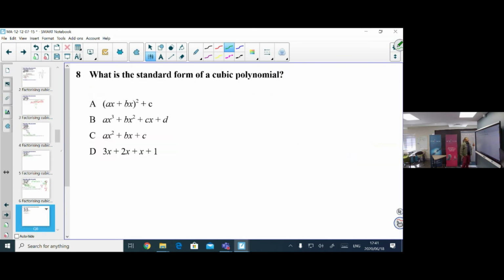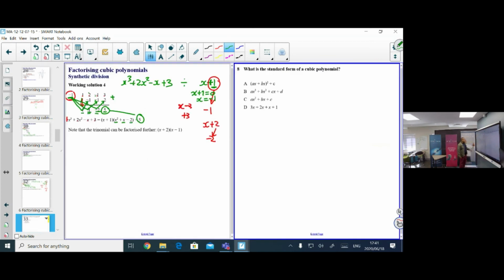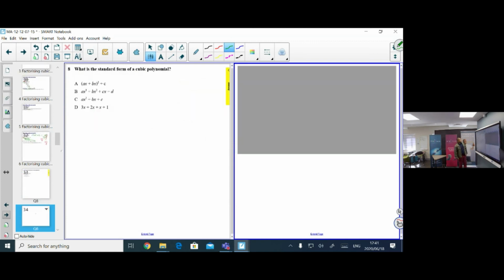Okay. A question could come like this. What is the standard form of a cubic polynomial? So how would you go about solving this situation where you're supposed to choose from these options? Those who are using your handout, your paper, your book, you can actually decide on this.